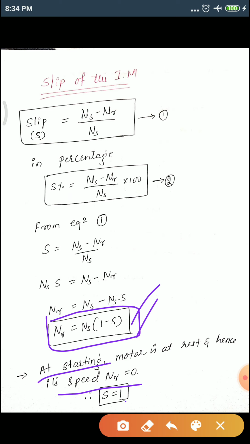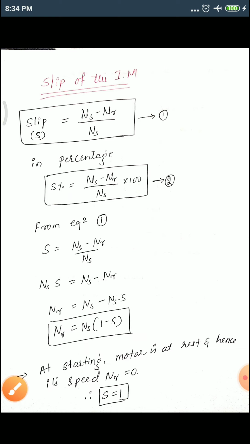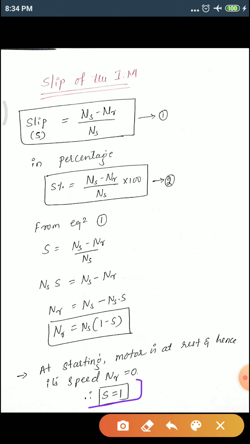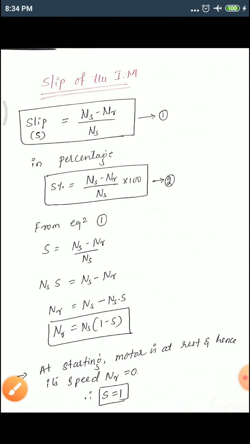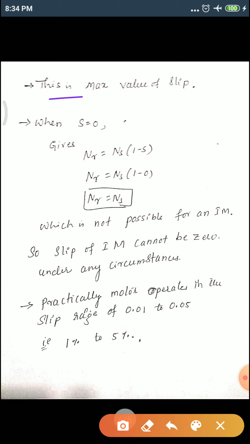When S is equal to 1, 1 minus 1 is nothing but 0, so NR equal to 0. So S equal to 1 is the maximum value of slip. Slip maximum value itself is 1. Slip will not be greater than 1, you remember this.